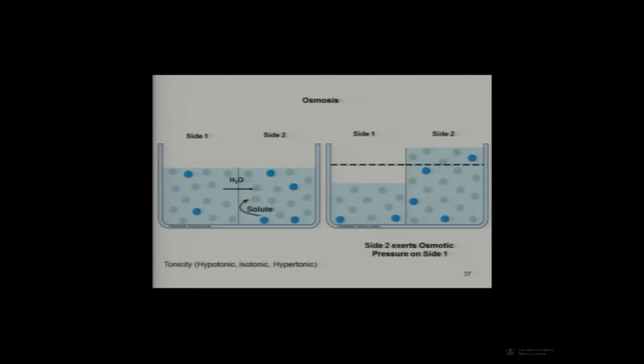An isotonic solution has the same osmolarity as the inside of the cell. Okay? The same solute concentration. So what direction is water going to move? It's not, right? So quick drawings.